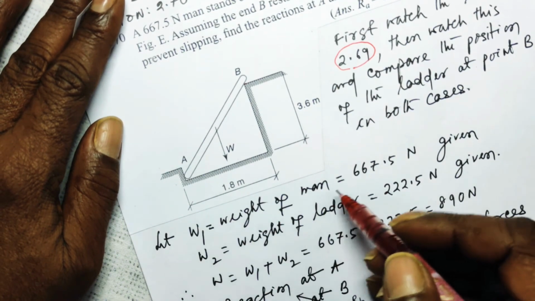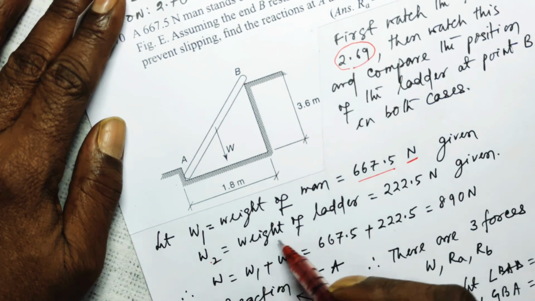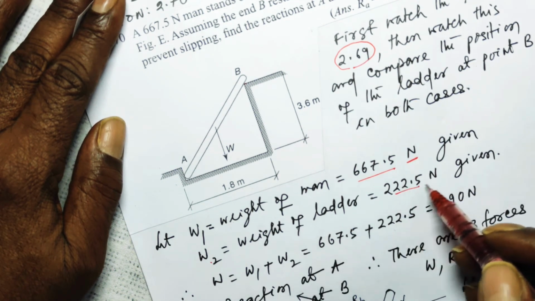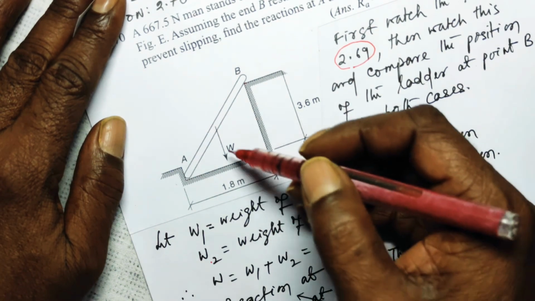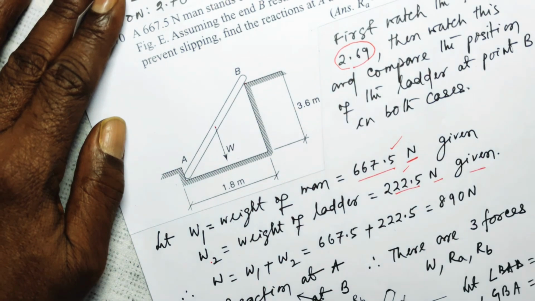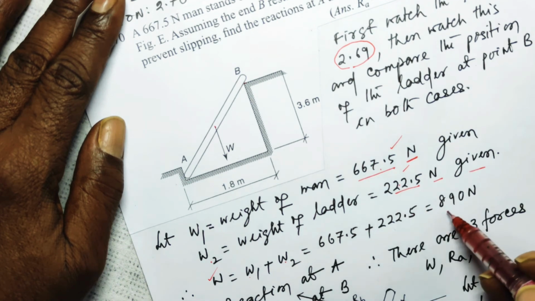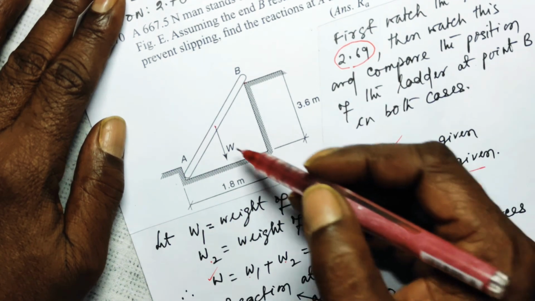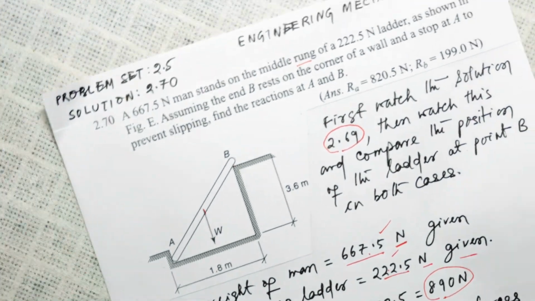Let W1 be the weight of the man, given in Newton. W2 is the weight of the ladder, also given in Newton. Both are acting from the same point downward. Since two vectors are in the same direction, the resultant will be just the arithmetic sum of the two. So, the total weight W is equal to W1 plus W2, that is equal to 890 Newton acting from this point vertically downward.